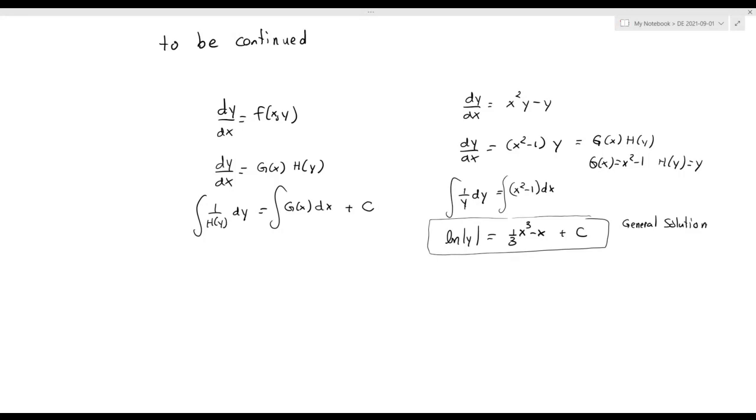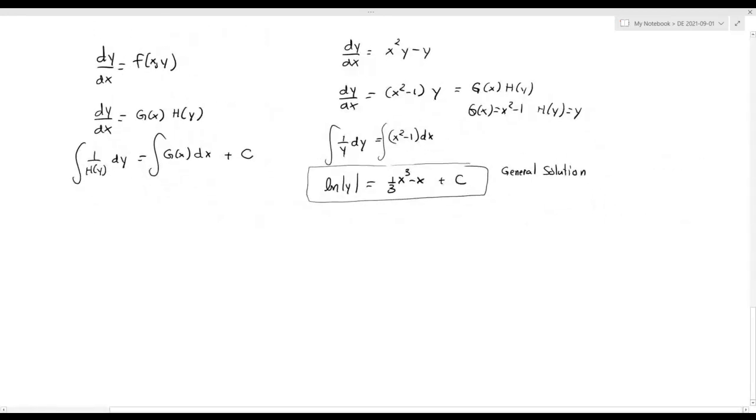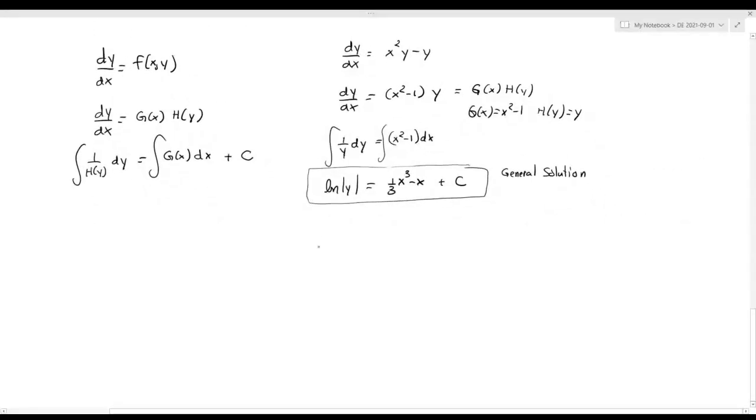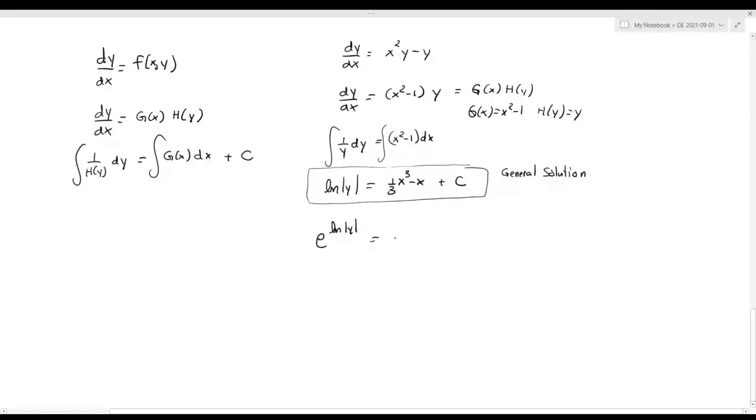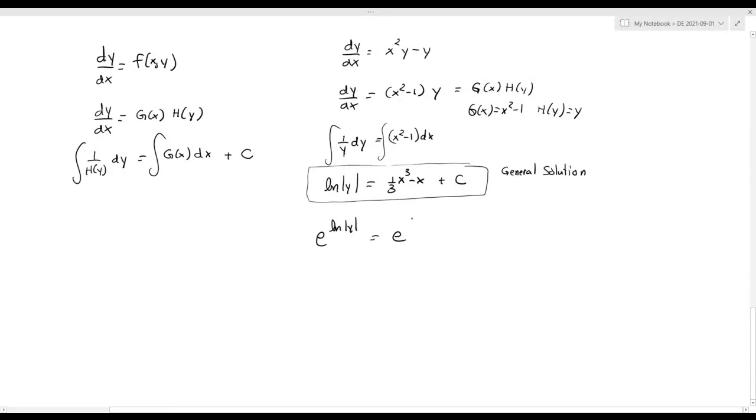So we have an equation relating x and y. Can we explicitly solve for y in this case? Yes. Right, because we can get rid of the log by exponentiating both sides, knowing that the exponential and the log functions are inverses.